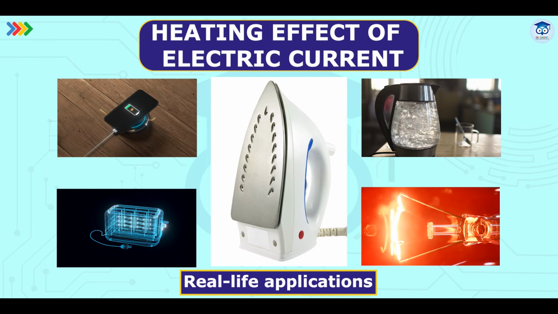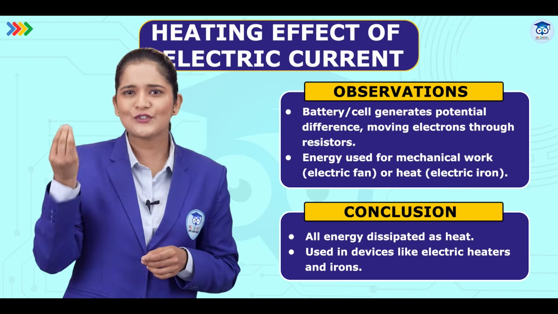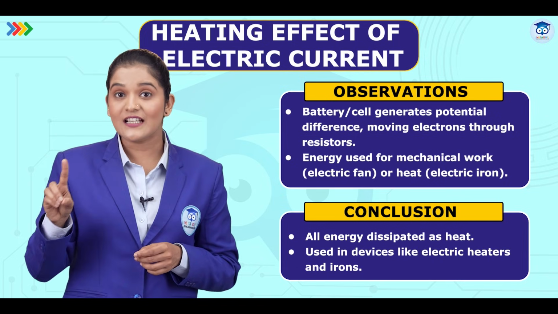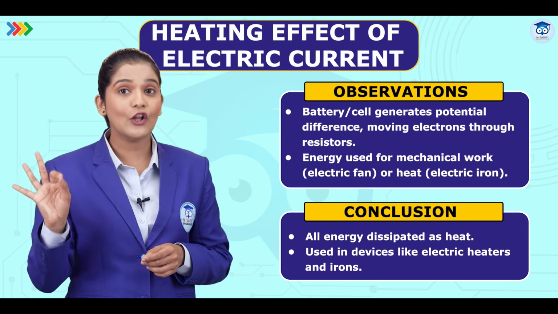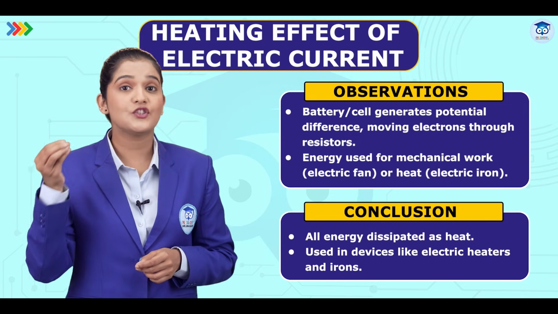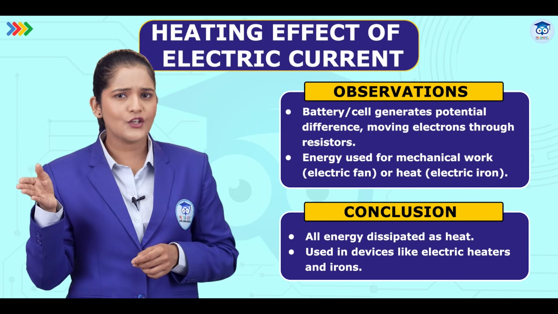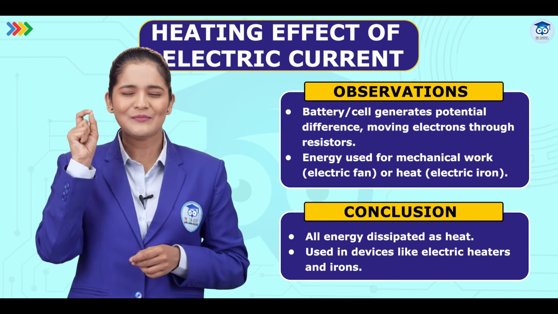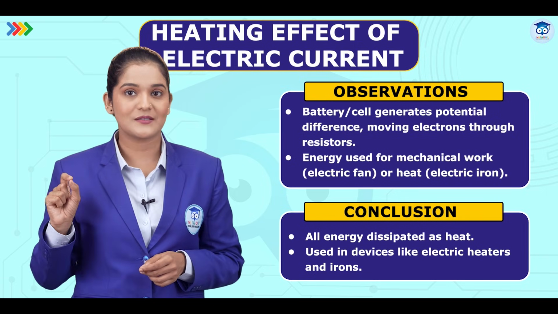Now that we've understood how electric current produces heat in appliances, let's look at where this energy comes from and how it behaves in different circuits. The source of electrical energy in a circuit is typically a cell or battery. When connected, it generates a potential difference which causes electrons to move through the circuit, particularly through the resistors.